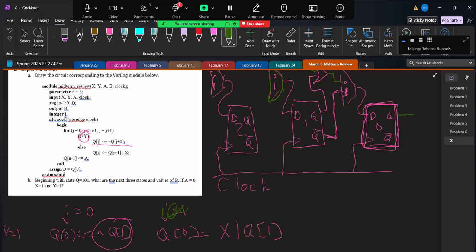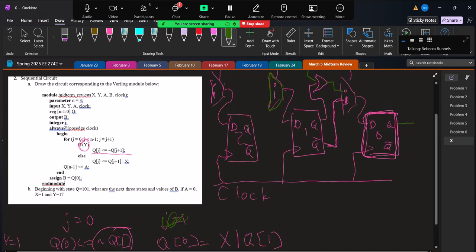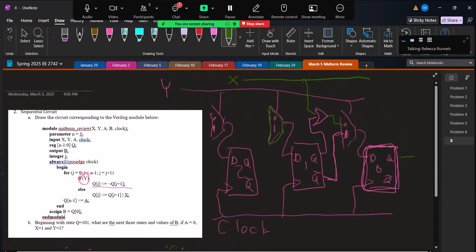I thought when y equals 1, so why do we have to do like the not of x to find the 0 of the multiplexer? It says if y equals 1, but y could equal 0. So we have to come up with both alternatives. If y equals 1, you have this, and if y equals 0, you have this.